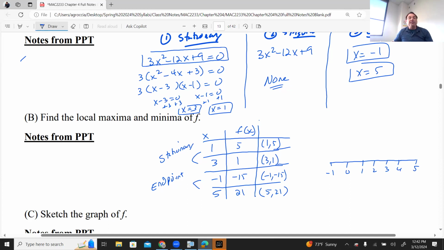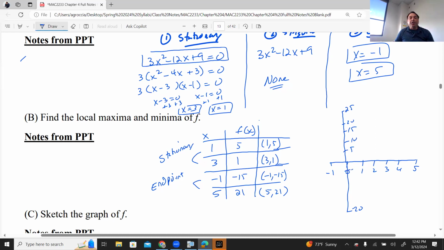But we also have to figure out the y. So the lowest one is -15. How low do you think we should go? Maybe go down to -20. And the highest one is 21. Maybe go up to what? 25. And what do you want to count by? 5s, yeah. Be a little lazy.